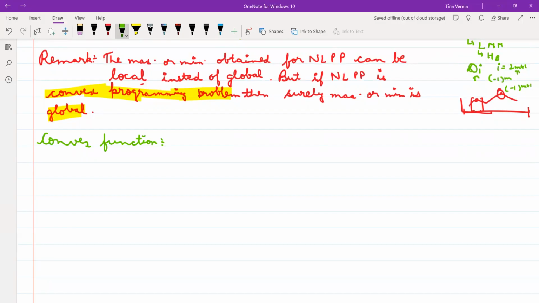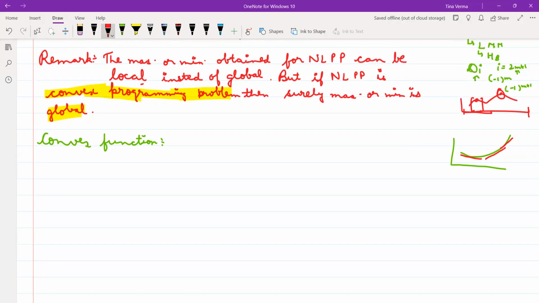If you draw a graph like this, convex means if you take tangents on this curve, all the tangents will lie below this curve. It will not go beyond this curve. So the convex function is the same definition that you have done earlier.